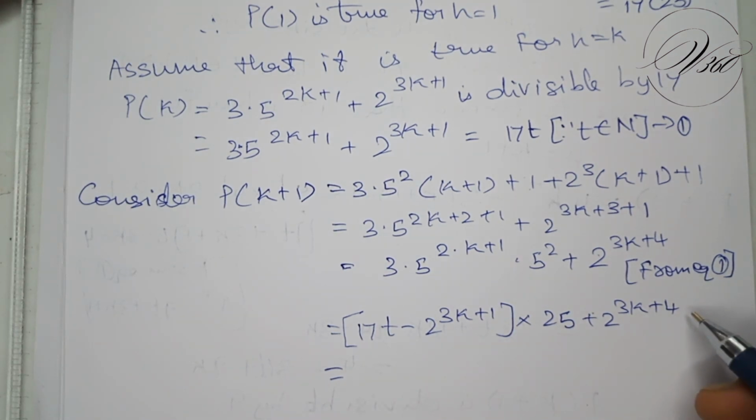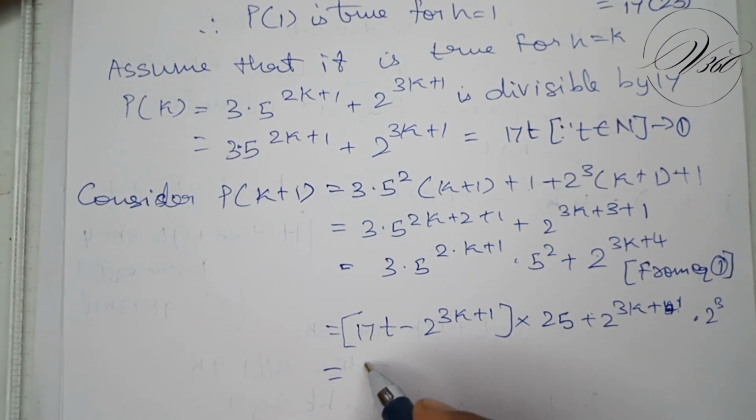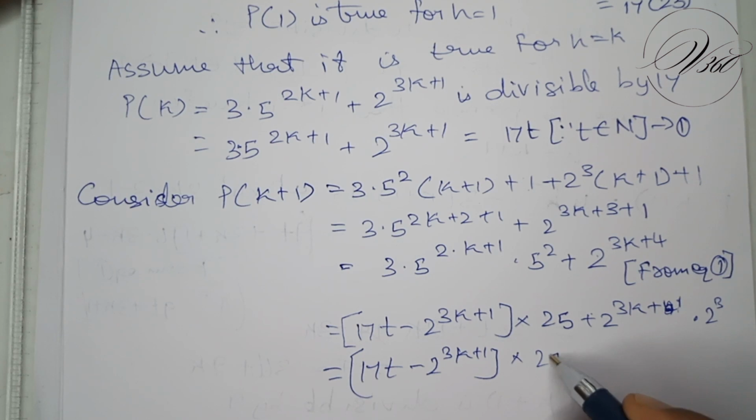Now here it is 2^(3k+1) times 2^3, not 4. Here now 17t minus 2^(3k+1) times 25, plus 2^(3k+1) times 8.